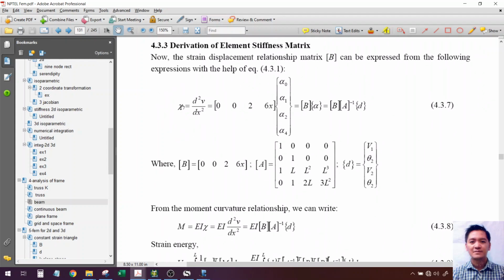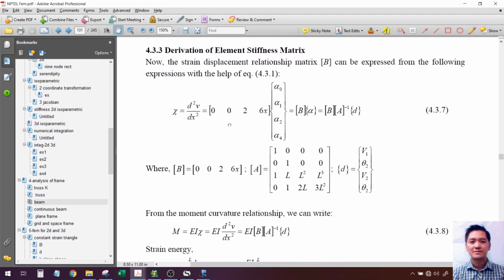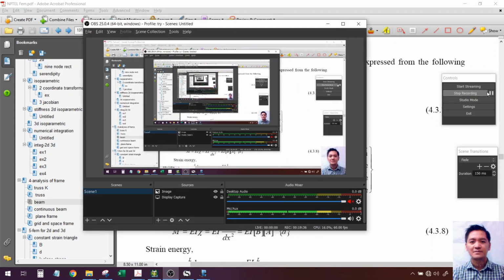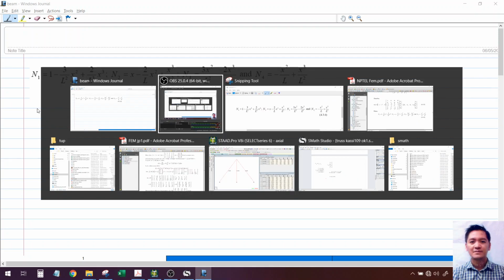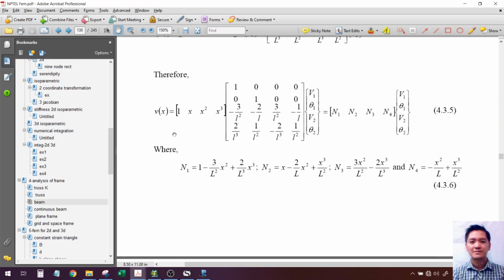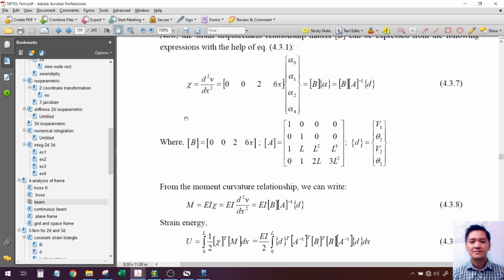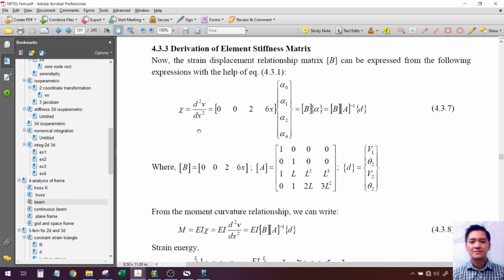Remember that the curvature is d squared v over dx squared. Okay. So, meron na tayong n matrix, which is this. Na-derive na natin to kanina. So, n, and then back to this. Remember that yung curvature is d squared v over dx squared.